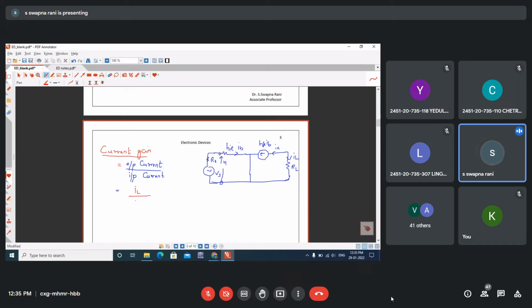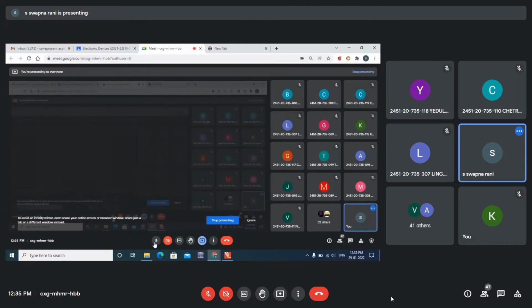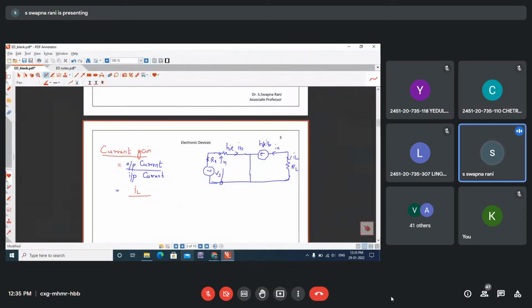And input current, can you tell input current? What is the input current which is flowing through the input circuit? IB. So IB is the input current.